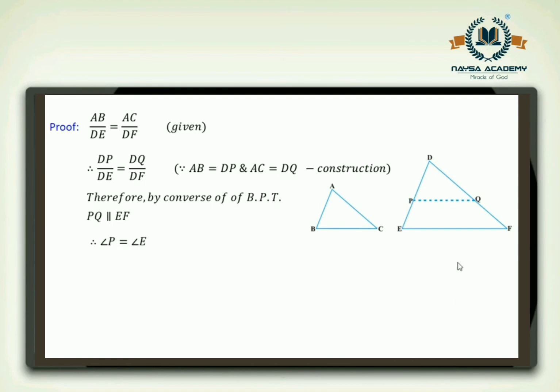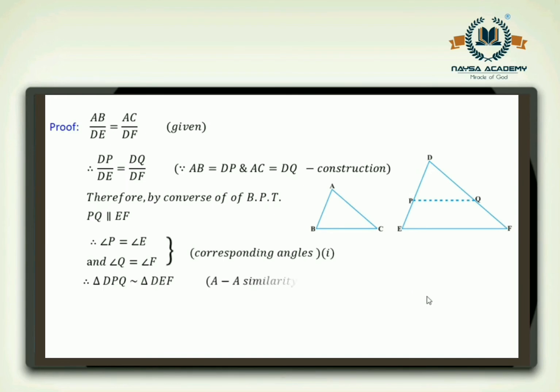Now as side PQ is parallel to EF, I can say that angle P and angle E, they are equal, and angle Q and angle F, they are equal. Why? They are corresponding angles. Now in triangle DPQ and triangle DEF, I have angle P equal to angle E and angle Q equal to angle F. So I can say that triangle DPQ and triangle DEF are similar by AA criteria of similarity.